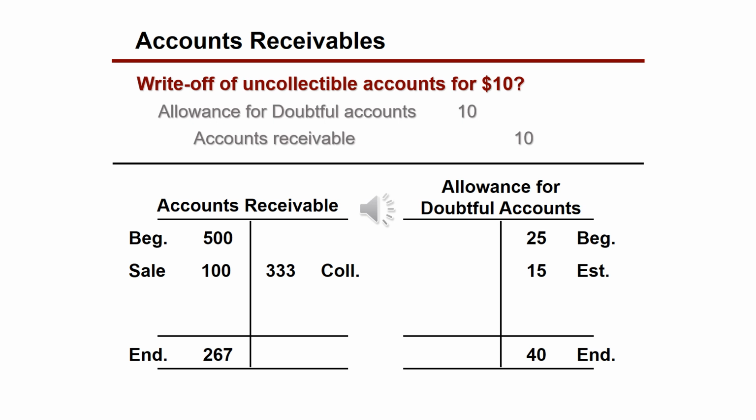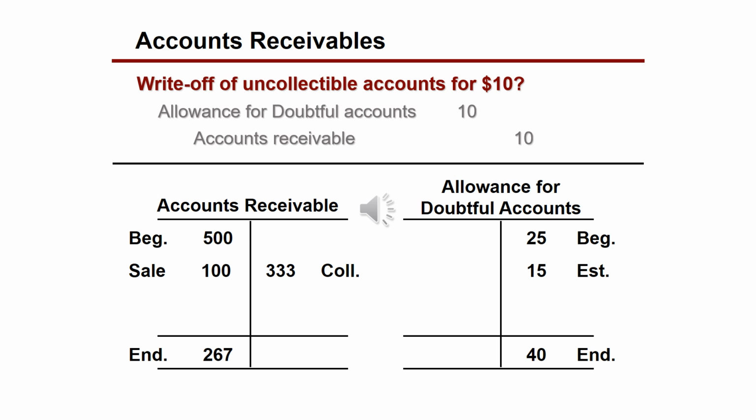Now, what happens if a company exhausts all of their possibilities trying to collect that money and they're not able to? Well, they decide to write off that amount from their books. So to write off an uncollectible account, they are going to have to credit that amount to accounts receivable and debit the allowance for doubtful accounts for that write-off amount.